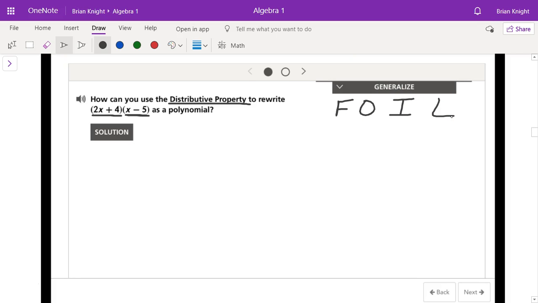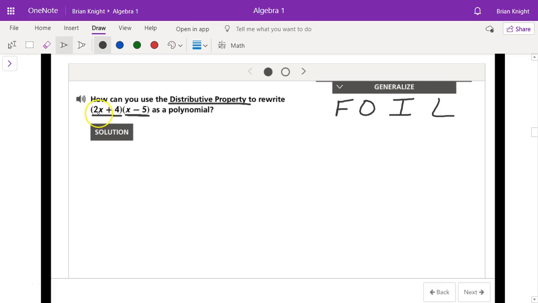I don't really like it because the FOIL method only works for a binomial times a binomial. If you're doing a binomial times a trinomial, FOIL doesn't work because there's too many things going on. But if you think distributive property, it does work, because I want you to understand that's what we're doing here.